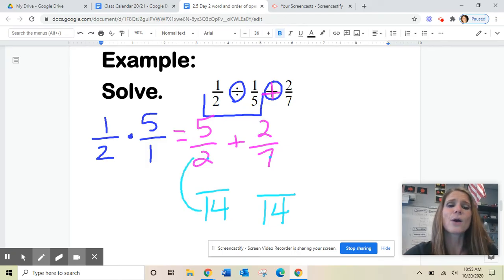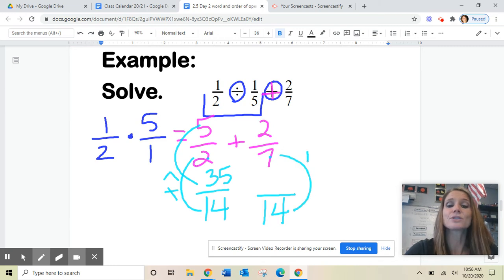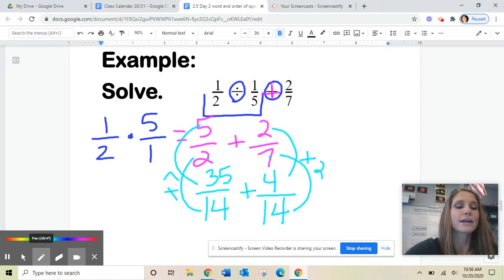I have to think about how I changed my old denominator here, and it was a times 7, which means I have to equally multiply my numerator times 7, giving me a 35. My other fraction, count by 7s twice, count by my numerator the same. 2 times 2 is 4. Now I have a common denominator. I can add my common fractions together.